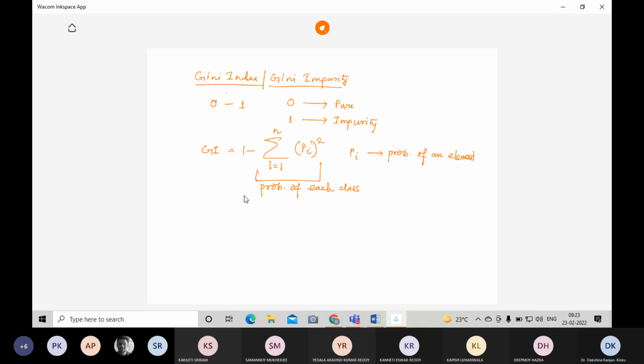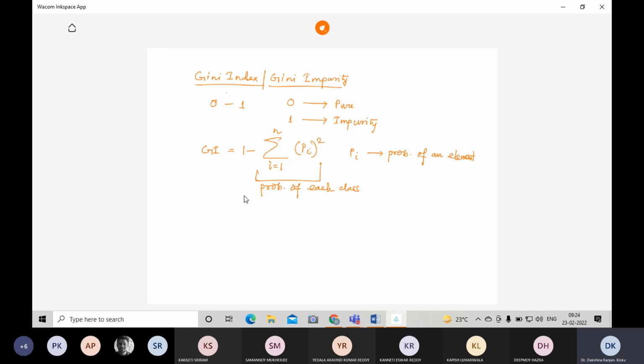Another thing is that the Gini index operates on categorical target variables and performs only binary splits, whereas information gain computes the difference in entropy before and after the split.